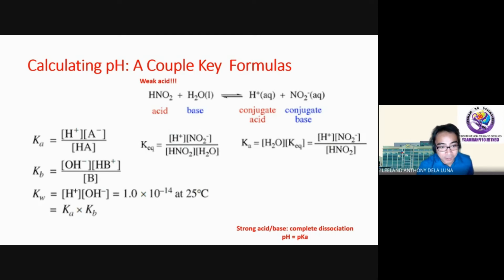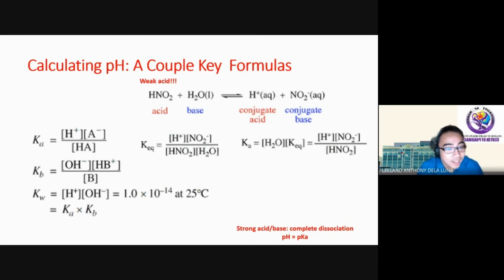Pero kung hindi yan, kung hindi siya ganun kalakas, okay, then class, the dissociation, of course, would vary. Okay? If it's a weak electrolyte, it's going to vary. So, class, ang usual formula for a Ka, okay, would be the ions, okay, how much has separated, either the conjugate base and the acid. Okay, ito yung conjugate base, acid over the acid, or the substance na ginamit mo. Okay? We're good so far?